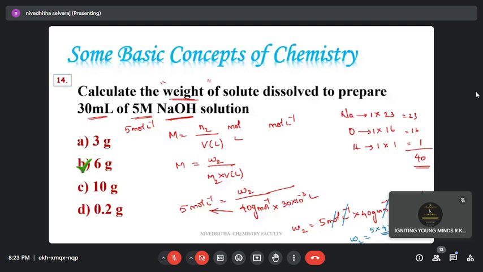They are not asking us to calculate the concentration of the solution. They are asking us to calculate the concentration of Na plus ion and CO3 2 minus ion in the solution.